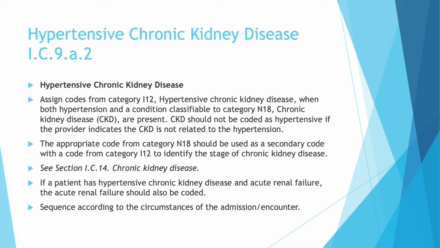Like I mentioned earlier, the I12 would go first, and then the N18 code second. Looking at the second bullet from the bottom, if a patient has hypertensive chronic kidney disease and acute renal failure, the acute renal failure should also be coded. In that case, you'd have an I12, an N18, and the appropriate code for the acute renal failure.